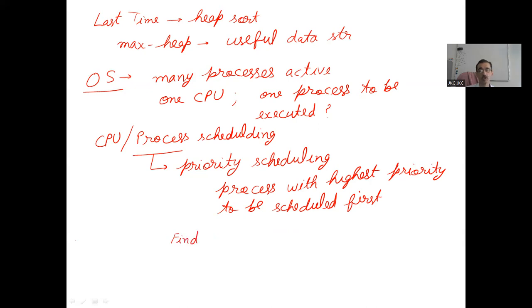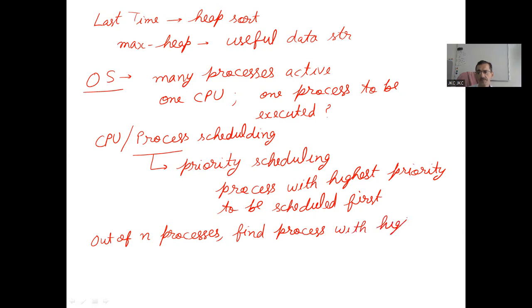Say, out of n processes, find the process with the highest priority. Now, which one is that? I need to find that out.